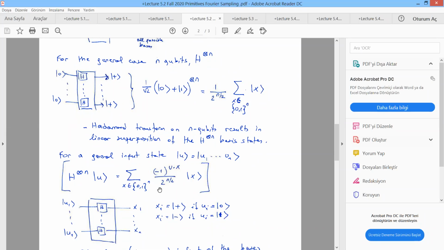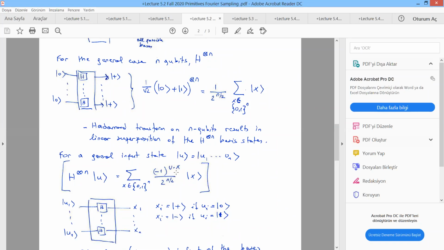But in the front, you have this phase. This is just a phase. It is either a plus one or a minus one, right? And whether it is a plus one or a minus one depends on what u is. It is minus one to the u dot x. Again, the front factor is just a normalization constant, but this minus one to the u dot x determines the phase.